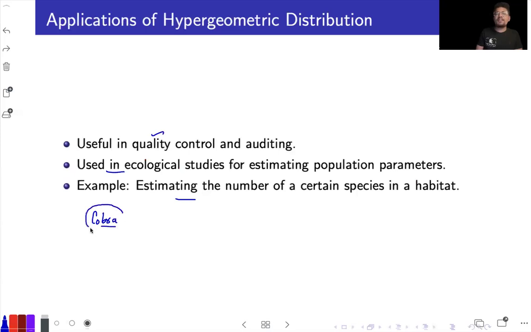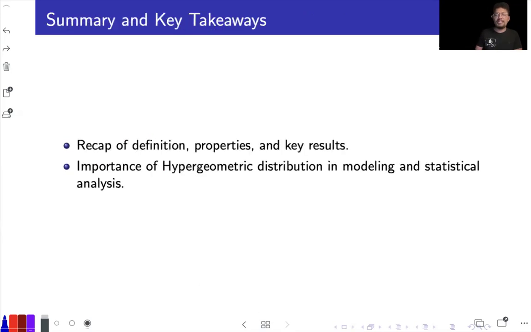We may be interested in finding different snakes. So out of maybe 100 population size, we take a sample of 10 and we find one cobra. On the basis of that, we may be estimating the number of certain species in that habitat, or any similar kind of thing. So that was something about the hypergeometric distribution.